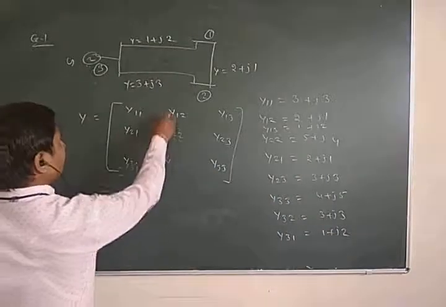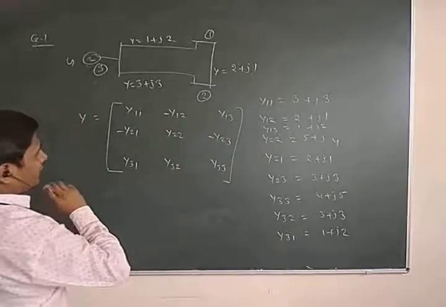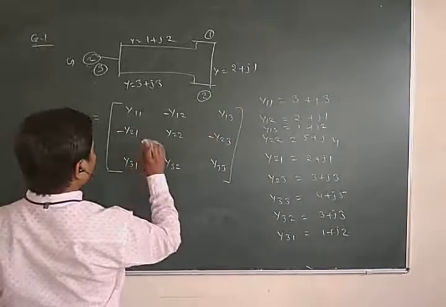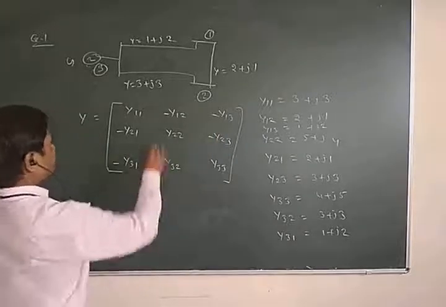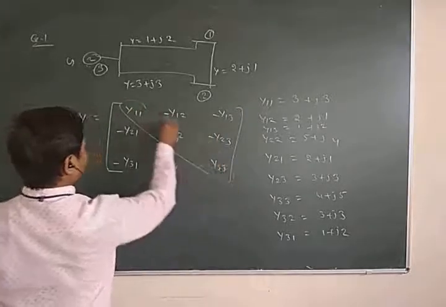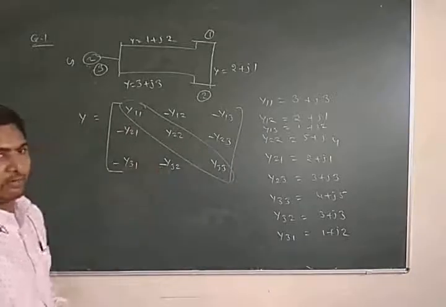But here we write these off-diagonal data with a minus sign. Except for the diagonal, all data are written with a negative sign.